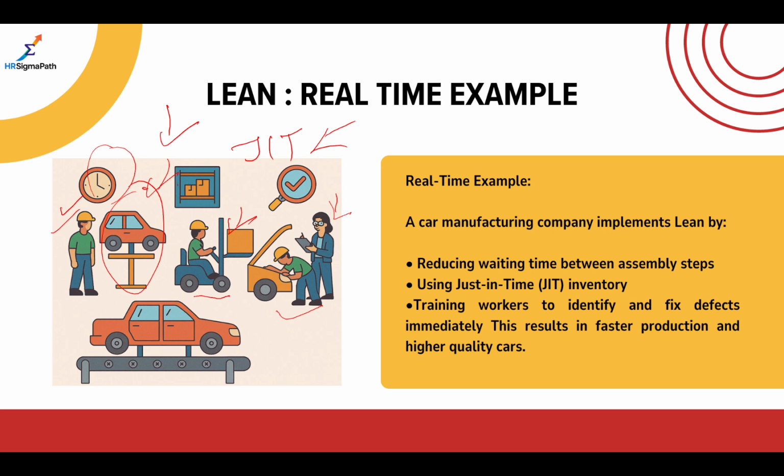This reflects monitoring and continuous improvement. This red car moves along the belt. This is the core assembly line where each station adds value step by step. So this is the real time example of how lean principles are applied and how the work is completed.